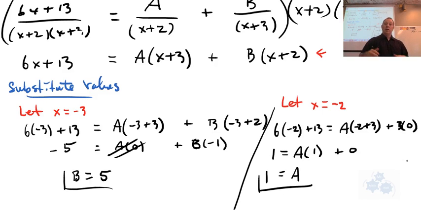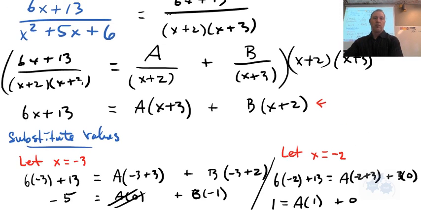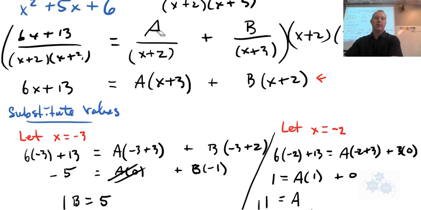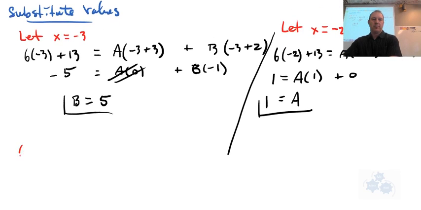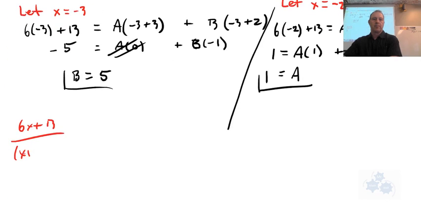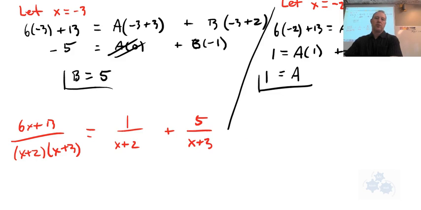Okay? So if we go back to our original question, which is this part right here, guess what? a is 1 and b is 5. So if we would take the opportunity to rewrite that, and you don't have to do this if you don't want to, I'll just show you, it equals 1 over x plus 2 plus 5 over x plus 3.